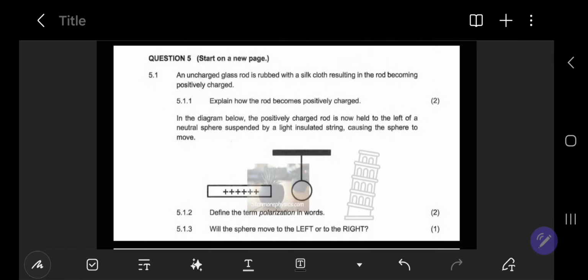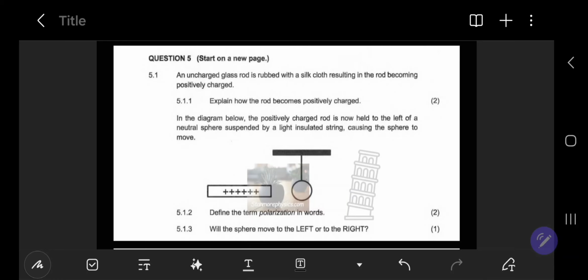We are now on to question 5, and this is now testing you on electrostatics. 5.1 says, an uncharged glass rod is rubbed with a silk cloth, resulting in the rod becoming positively charged. Explain how the rod becomes positively charged. So, to understand what's going on here, the rod initially was uncharged, meaning that it was neutral. But after rubbing it, it has become positively charged.